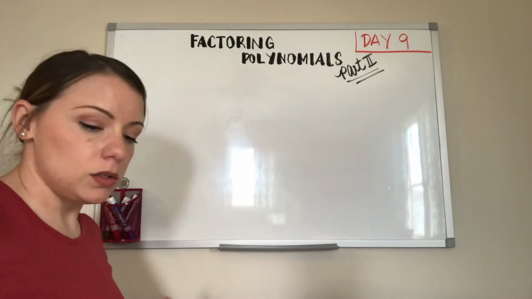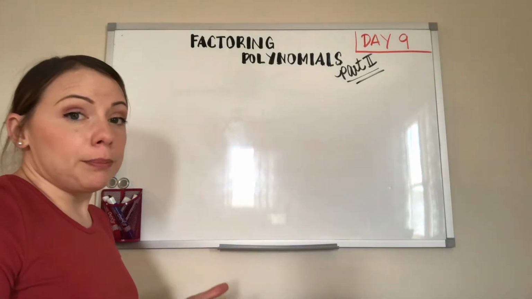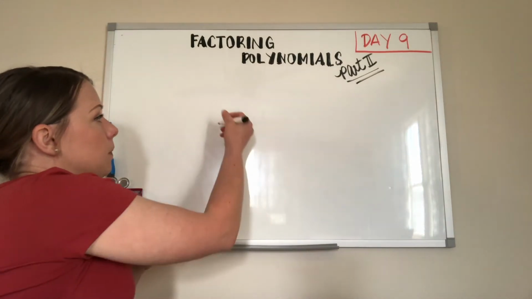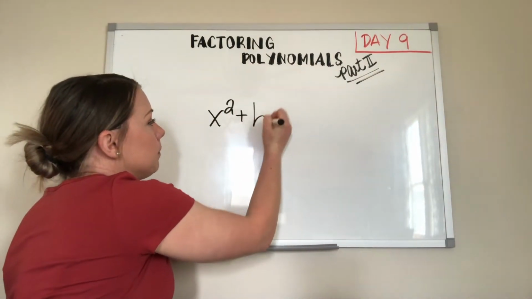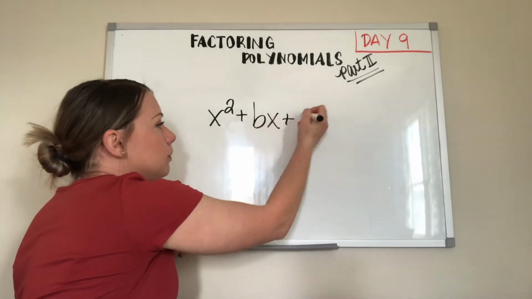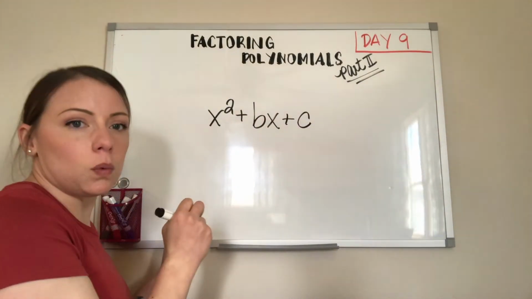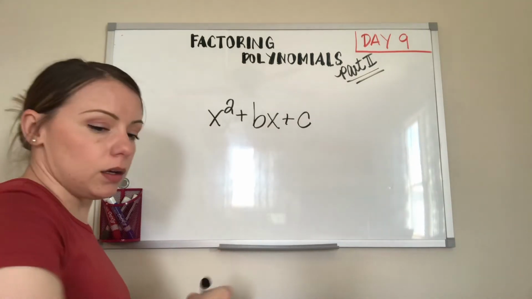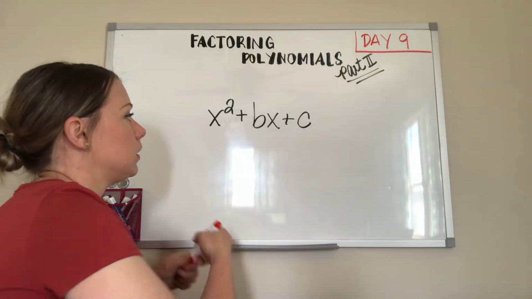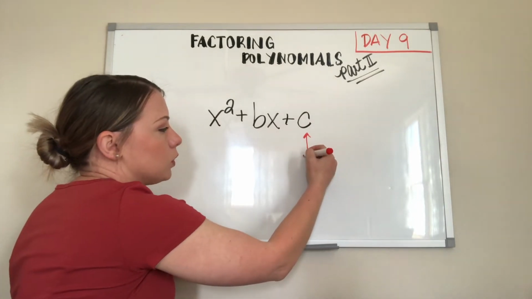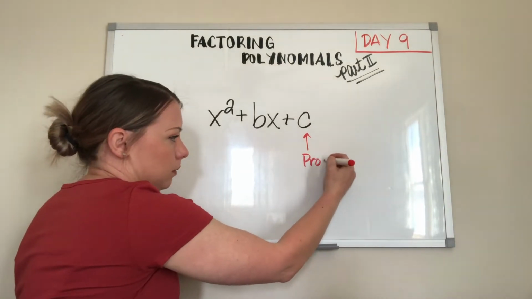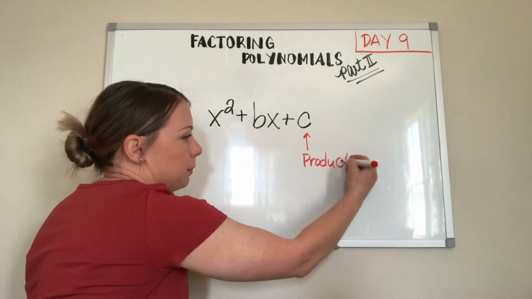All right, so in our previous section, you all learned how to factor a polynomial from this form. And you found out that C was created with multiplication only, which made C a product.